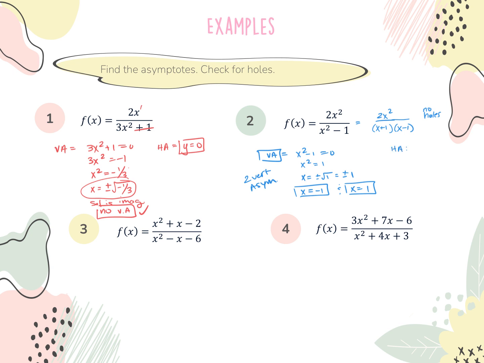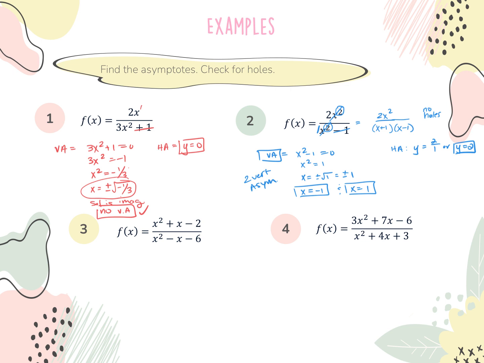Notice the original exponent here is 2. Remember, we take the coefficients in front of those two, so it's y equals 2 over 1, or just y equals 2. And again, there were no holes, and so I'm done.